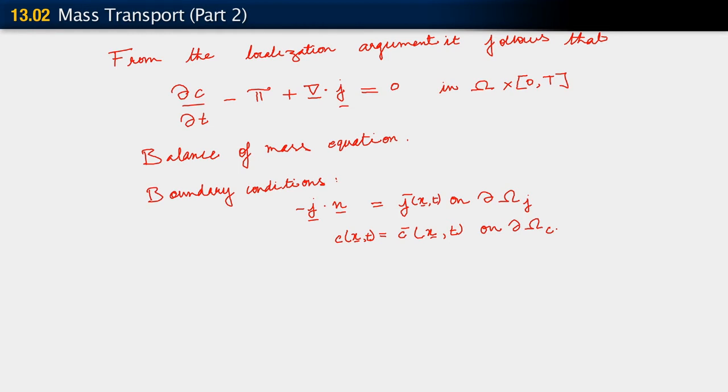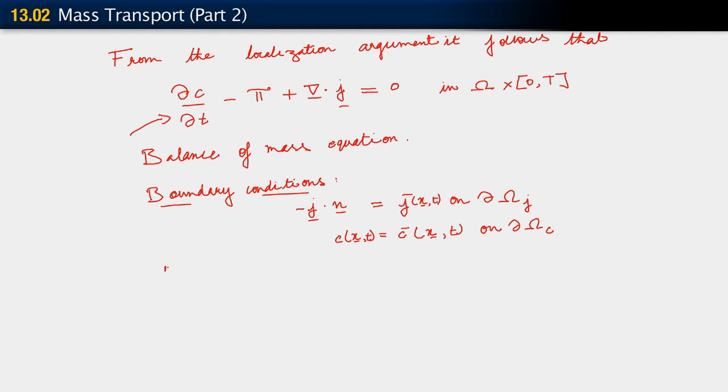The other thing we need here is some other condition in order to solve this problem. Can you think of what that is? What other condition do we need to completely specify this problem? We need an initial condition because we have a time derivative here. We have a single time derivative on the concentration, therefore we need one initial condition.